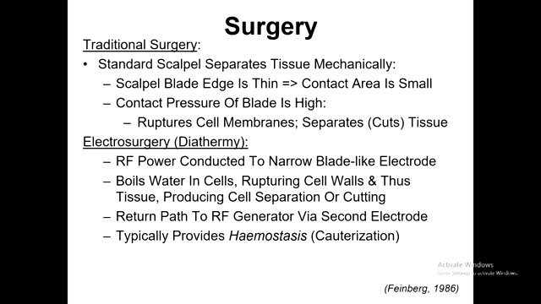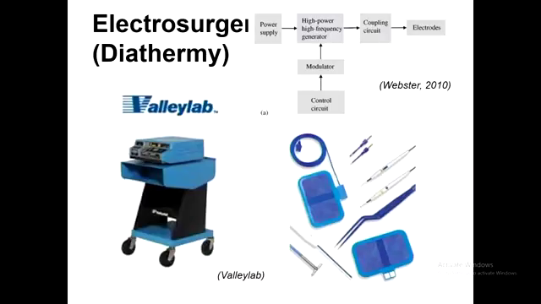Whereas at the cutting edge itself is like a pen at a point. Charge concentration is very high. So the advantage of that is you get hemostasis, cauterization at the cut itself, so that deals with bleeding to some extent.